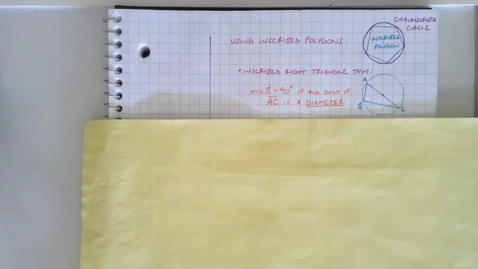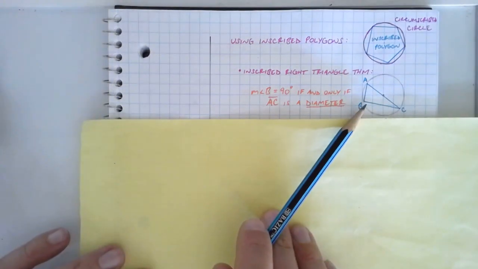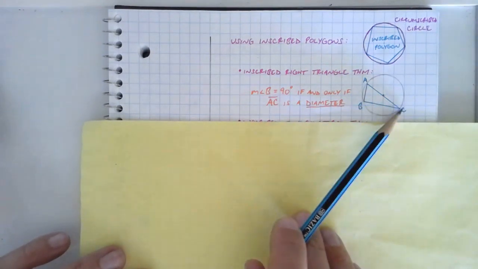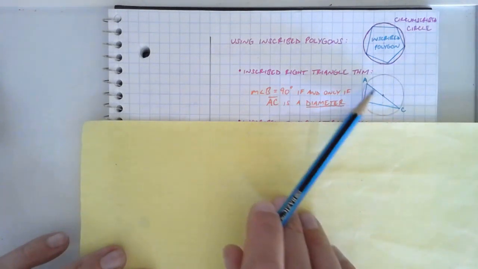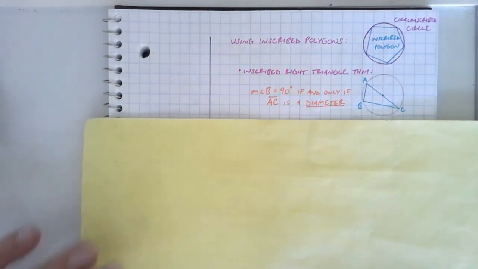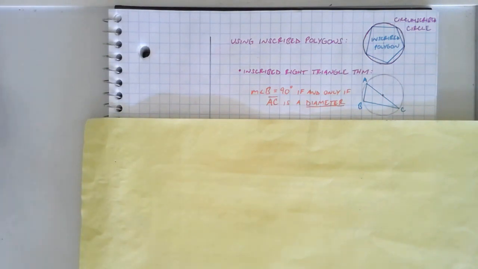So formally it says in this specific diagram with this specific triangle, angle B is 90 degrees if and only if the hypotenuse, in this case AC, is a diameter of the circle. More generally speaking, the only way a right triangle can be inscribed in a circle is if its hypotenuse is a diameter.